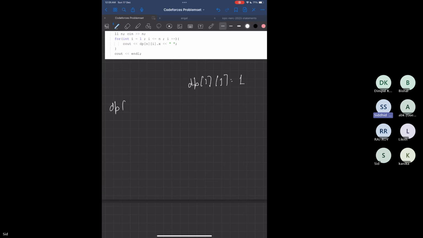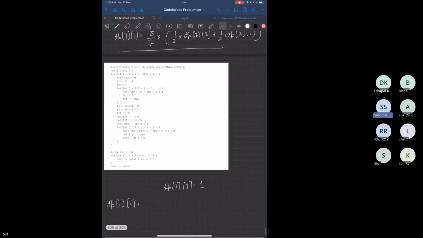Let's write it. dpii. There is a formula here. What is the formula?